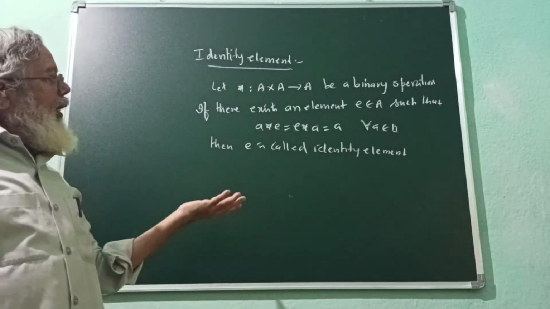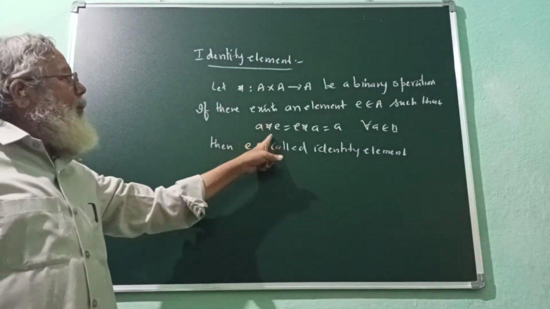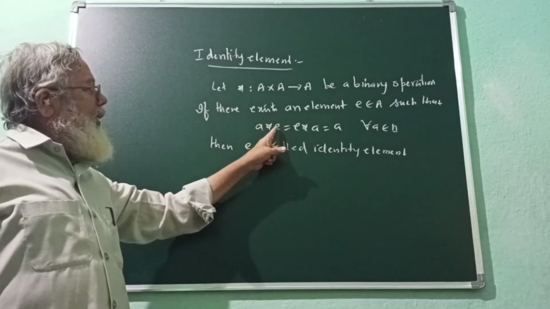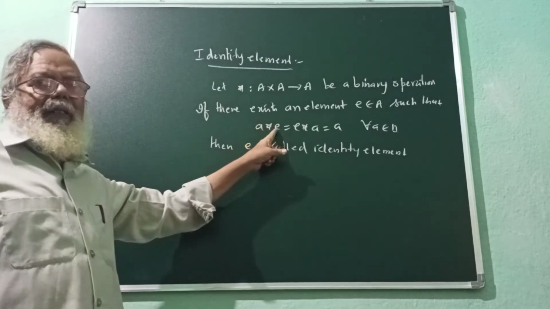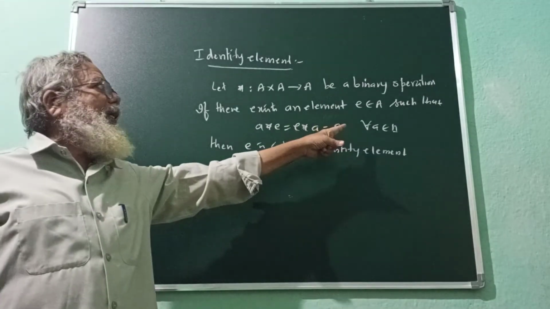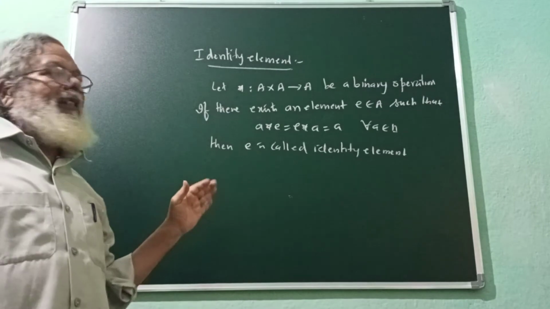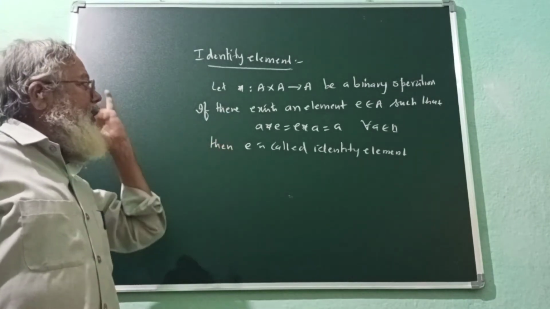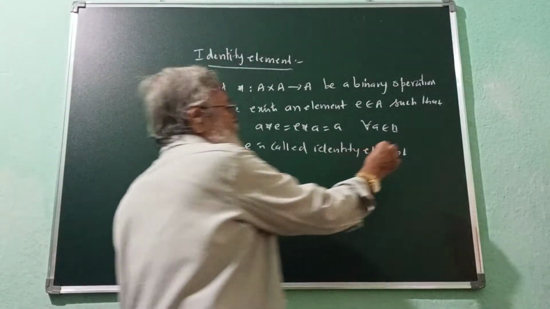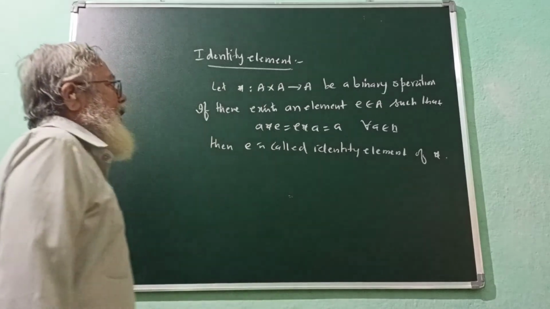If it exists, it satisfies this property: if you operate the identity element with any element, the element remains the same, it does not change. Such an element is called the identity element of the binary operation star.